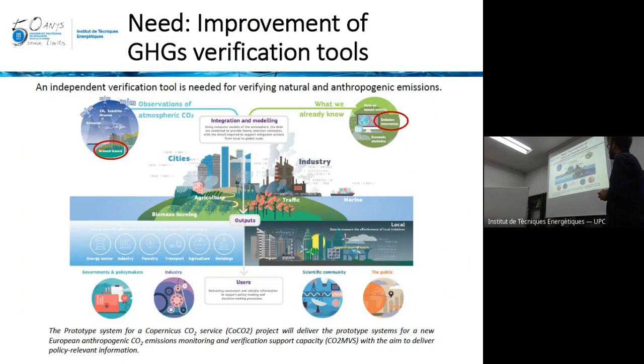We'll get data from observations, we'll get data from inventories, and we model, and as an output, it will give the real data in very high resolution. But for this model, it's needed to have good atmospheric measurements and good emission inventories.